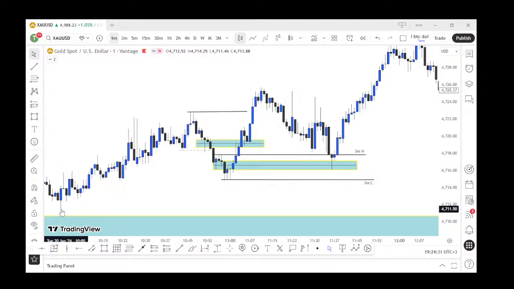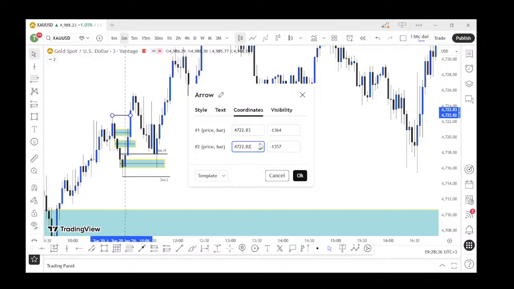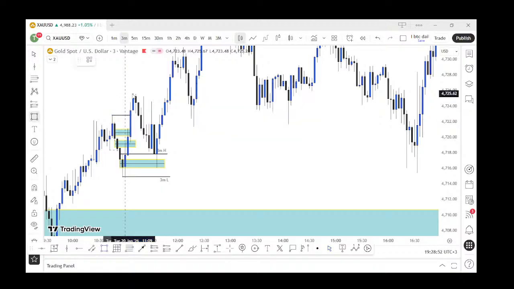Goodness, this was supposed to be 83. So this was our targeted point, but someone could have waited again for another retest back here. But you can see how long it takes to wait until here.